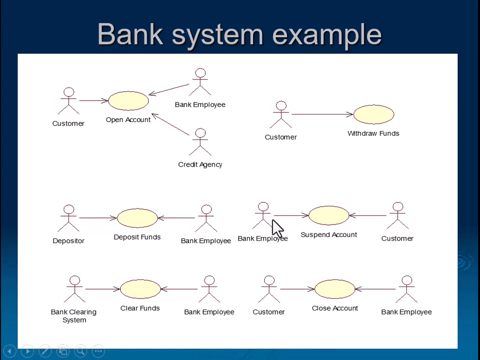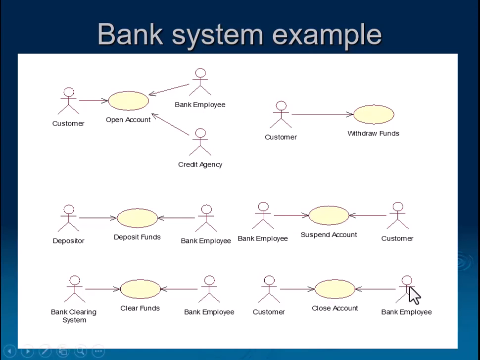Similarly, the bank employee can suspend the customer account on the request of the customer, or interact with the customer, or inform the customer. Clear funds: the bank employee and the bank clearing system both interact with clear funds. Similarly, if the customer wants to close the account, he must consult with the responsible bank employee.